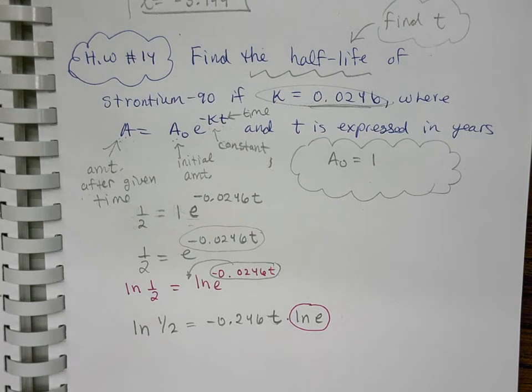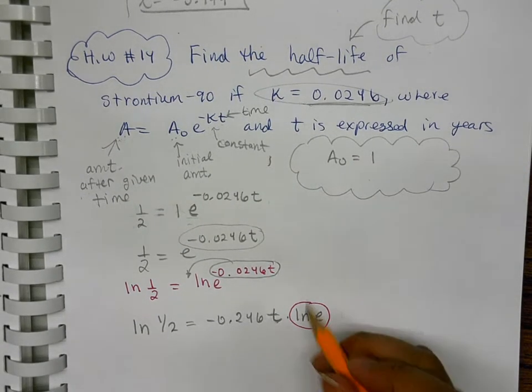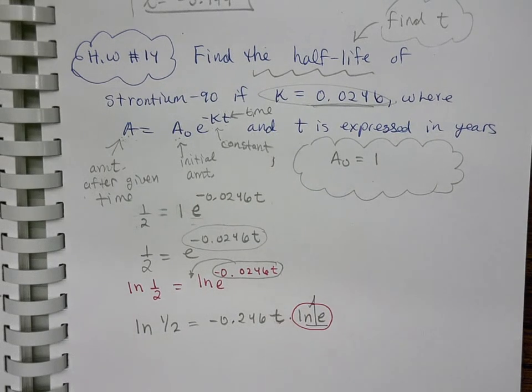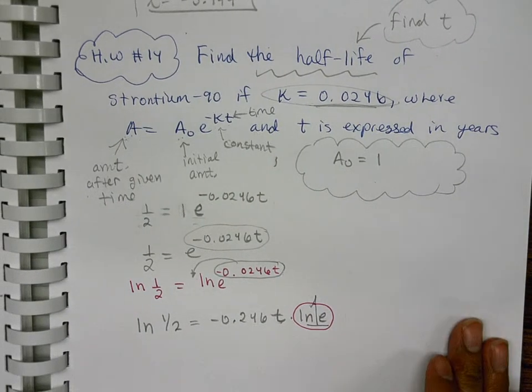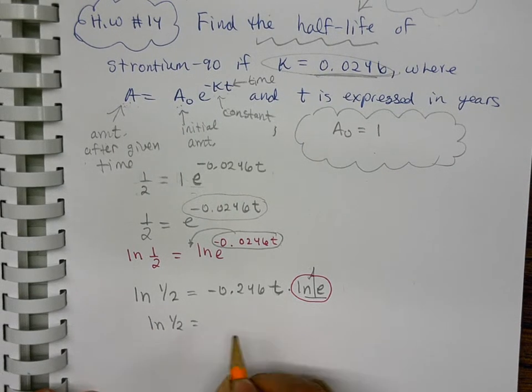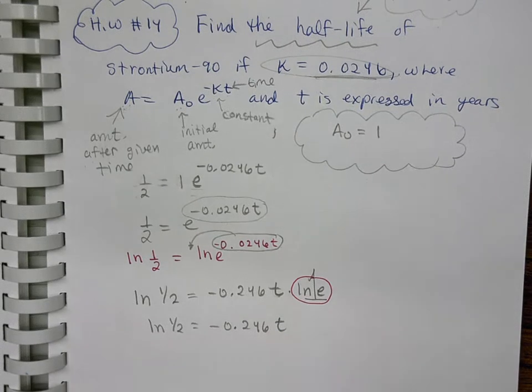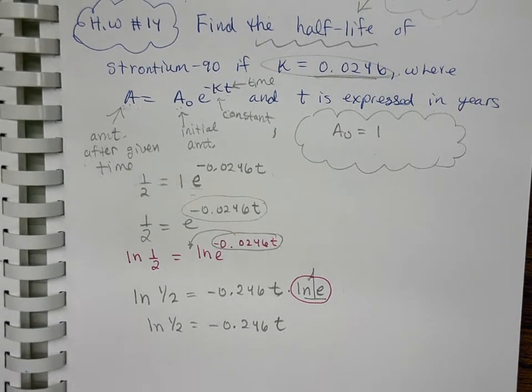What's log base 5 of 5? What's log base 7 of 7? Log base 10 of 10. Log base e of e is a 1. So I have ln of 1/2 equals negative 0.0246 t.